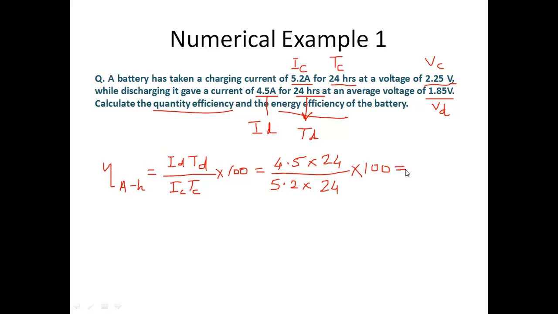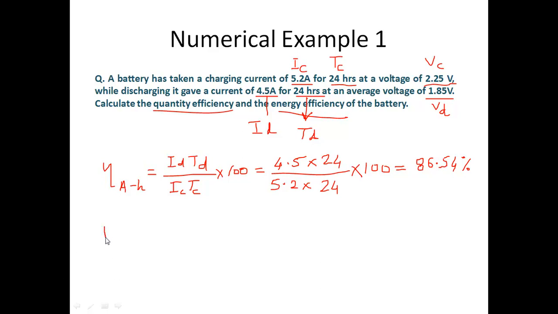If you calculate this, it comes out to be 86.54%. This is the quantity efficiency.